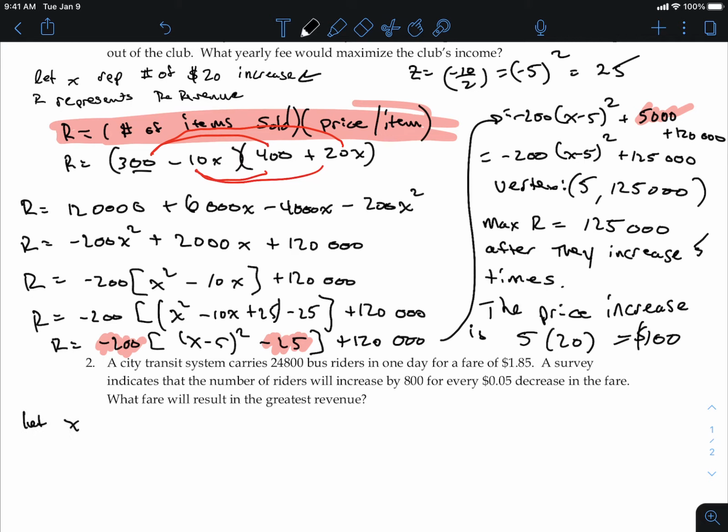Let x represent the number of 0.05, 5-cent decreases. And it's always the number. And R again will be revenue.